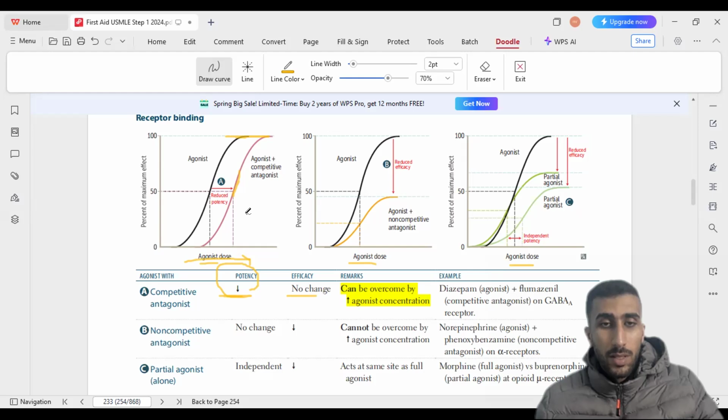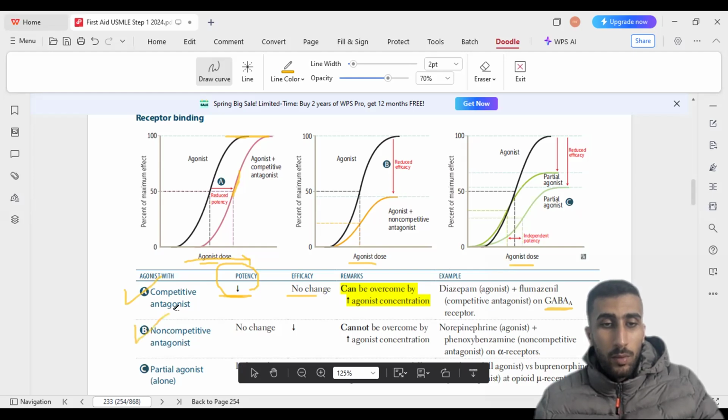They both act on the same receptor, the GABA A receptor, and hence they compete against each other. So in diazepam toxicity, you need to give a lot of flumazenil because there's competition between them.